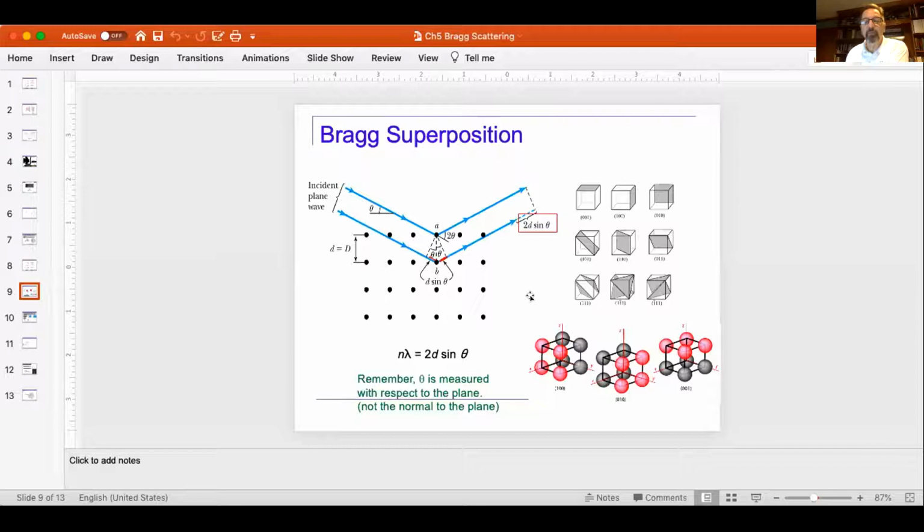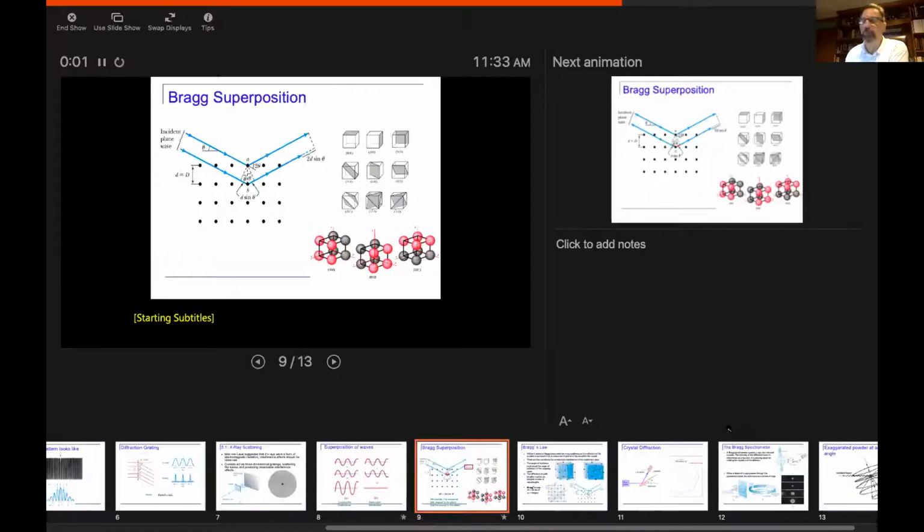Just a couple of things that are different about Bragg scattering compared to other diffraction experiments. The first most important thing is anytime we did an optics problem in PHY112 or whatever physics class you did before, if there's the edge of the object right there, we always looked at a normal, and then the angle would have been that angle right there, theta.